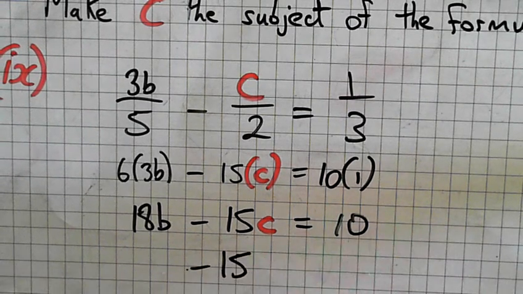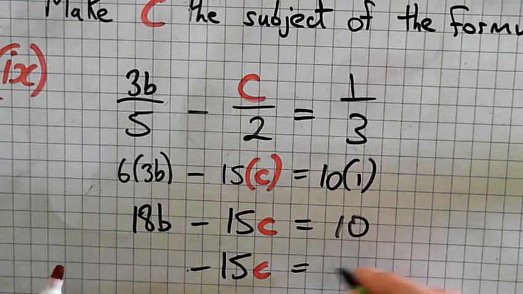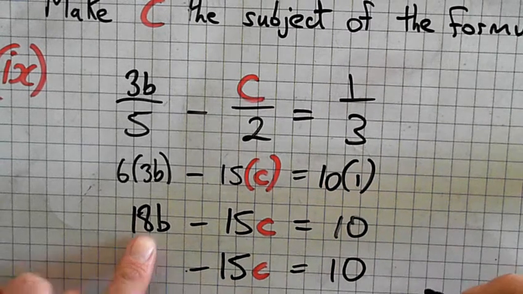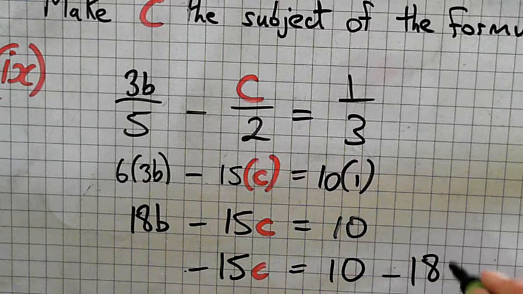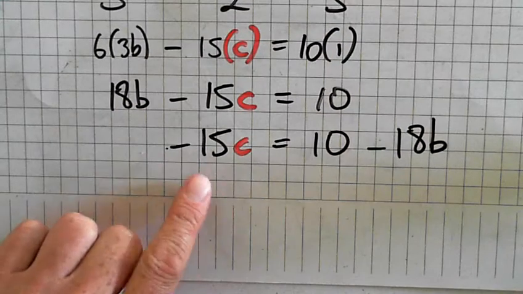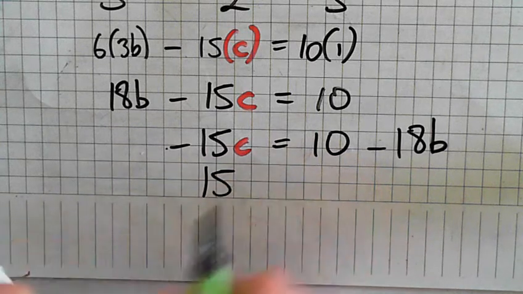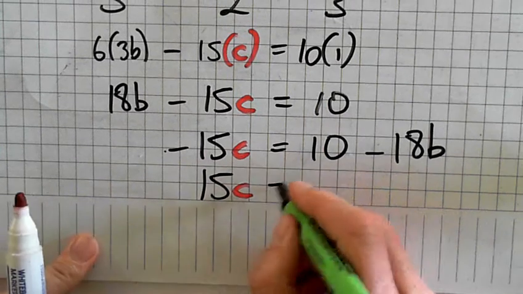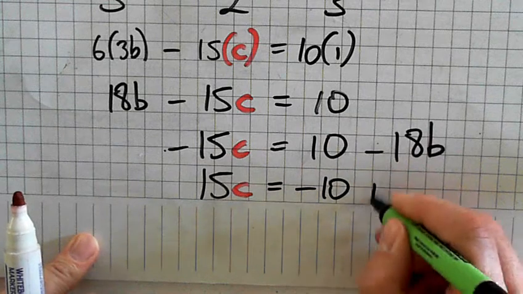Minus 15c, we'll keep that on the left. 10, bring this across, minus 18b. And you want c to be positive, don't you? So we'll just change that to positive first. Change that sign, change this sign, change that sign.